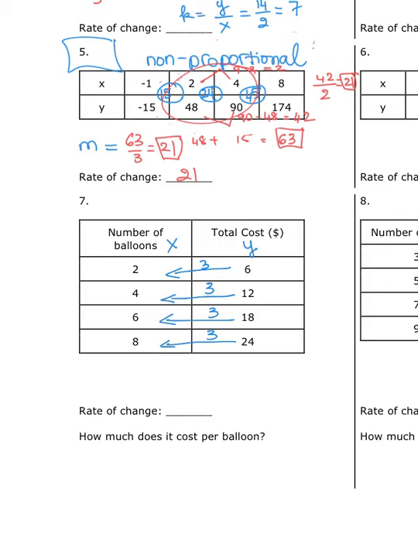So this is proportional, and my rate of change, K, will be 6 over 2, which is 3. So how much does it cost per balloon? For one balloon, that will be the answer as well. So this will be $3 for one balloon. So if it is 1, this will be 3.